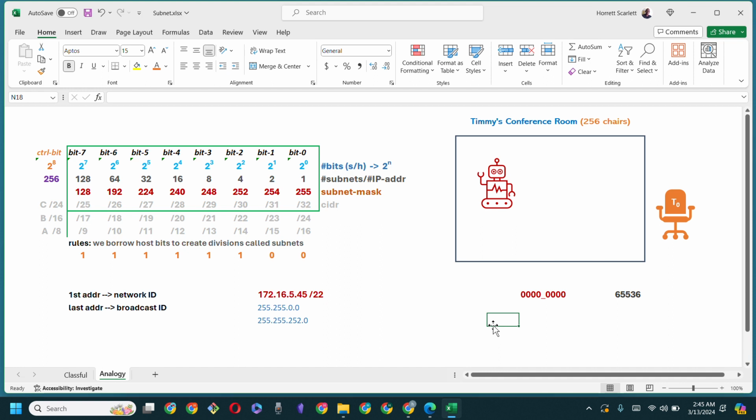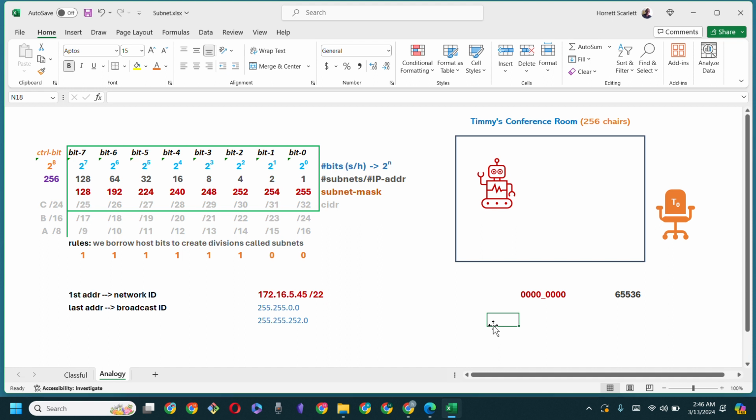Now this tells us something very specific: the octet that we are working with is the third octet. Therefore, the subnet differences are going to be expressed in that third octet. That's how we will know when we have moved between the different subnets.